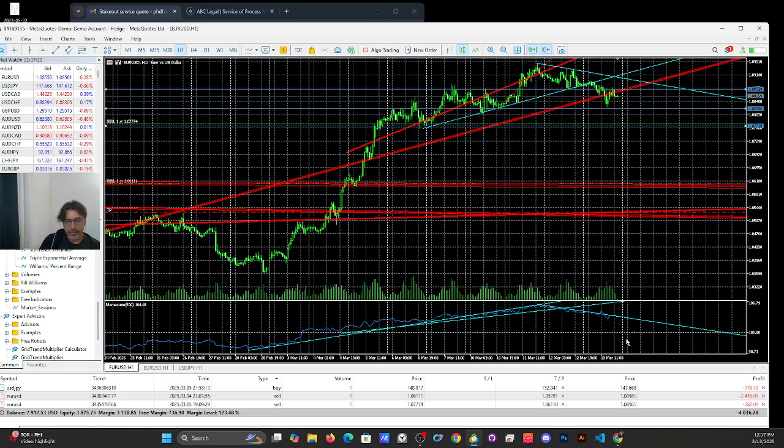So this is actually 102, which is the maximum side of the range of 102 and 98, 100 being the average. So it looks like it is decreasing the overbought. It's deflating the overbought state on the euro.